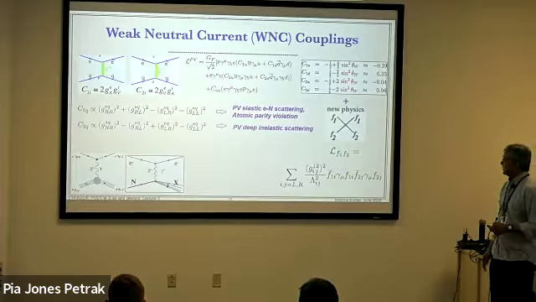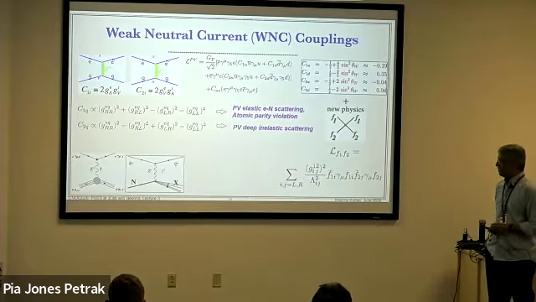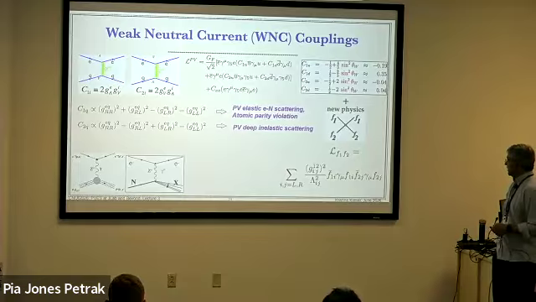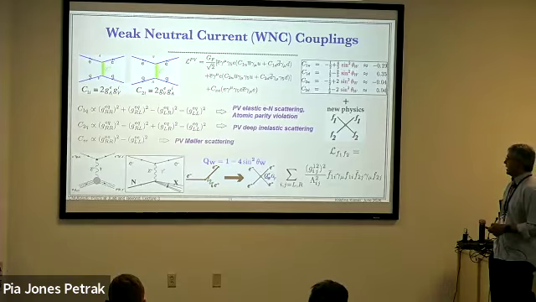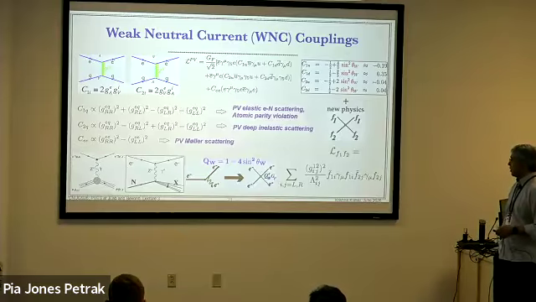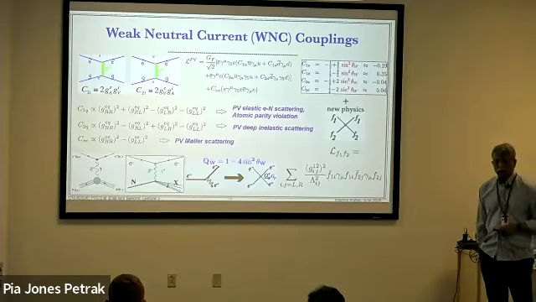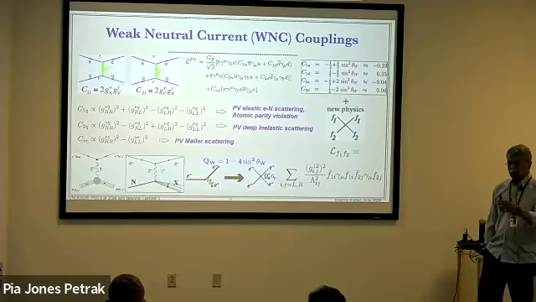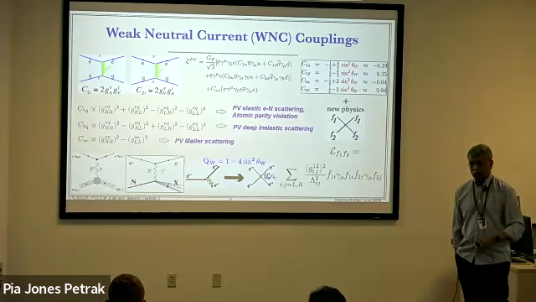For the C2s, the deep inelastic scattering experiment is the only way to get to them, and that gets to these linear combinations. And then Moller scattering, of course, is for electron-electron scattering. So all of these are worth doing because they're probing different six-dimensional operators.